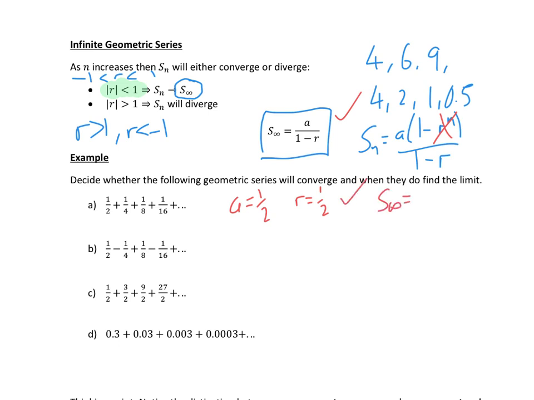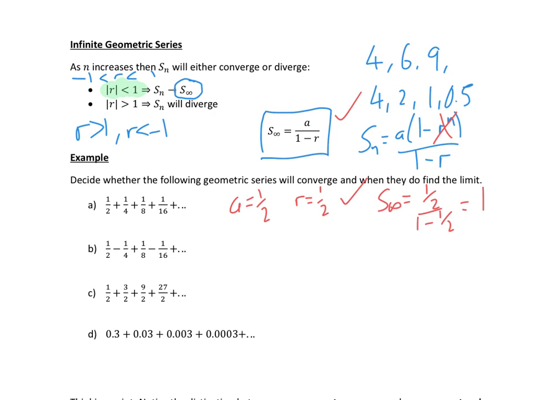And the sum to infinity, the limit, will be a over 1 minus r, which is 1. So a half plus a quarter plus 1 over 16 and so on gives 1, and there's a nice visual padding, which again I'll show you in the lesson to show why that's true.